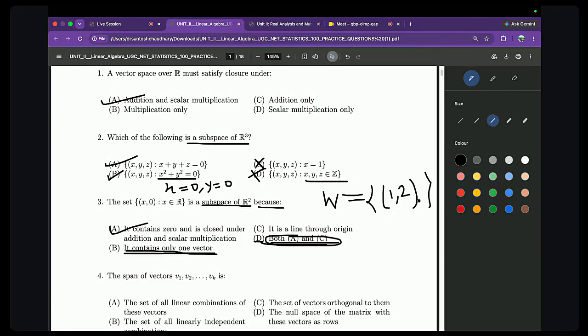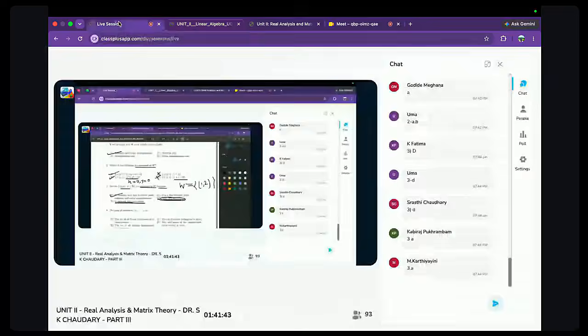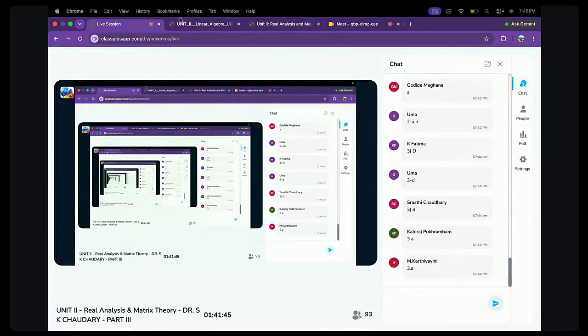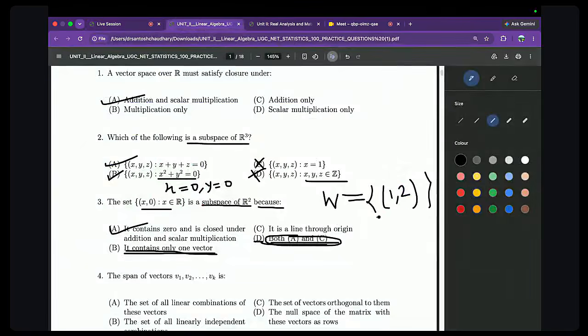So being a single vector doesn't guarantee it is a vector subspace. It contains only one vector. There are many, na? 1, 0, 2, 0, 3, 0. Only A will be correct. Okay. So being one vector doesn't mean it is a vector subspace.